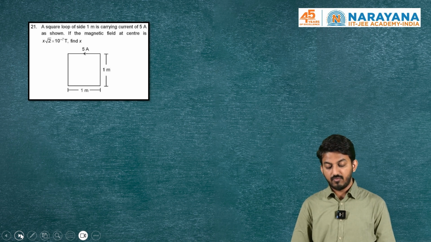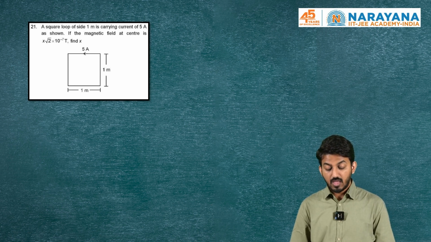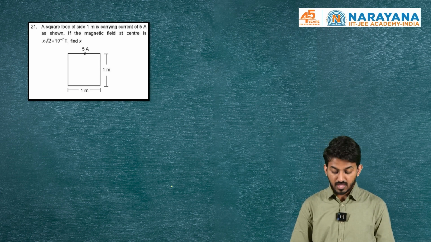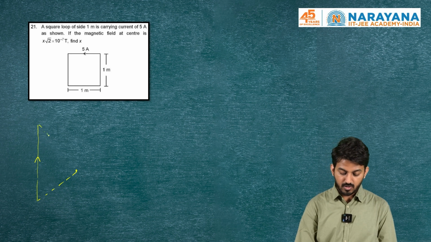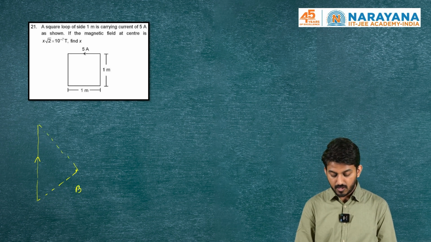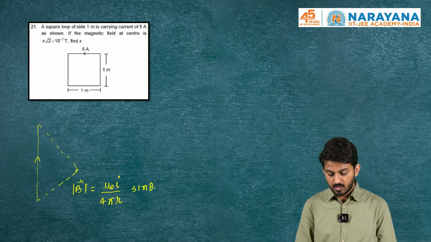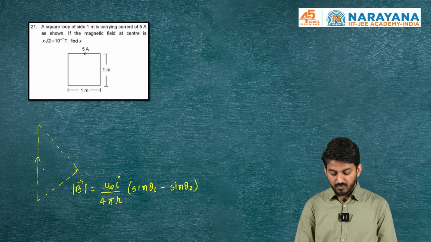Moving on, we have this question here. They have said that we have a square loop carrying a current of 5 ampere, and they're asking us to find the magnetic field at the center. Now, having a finite current carrying wire, if you want to find the magnetic field at this point, the B value here is equal to mu naught I divided by 4 pi r times sine theta 1 minus sine theta 2, where theta 1 and theta 2 are the angles here taken with sine.